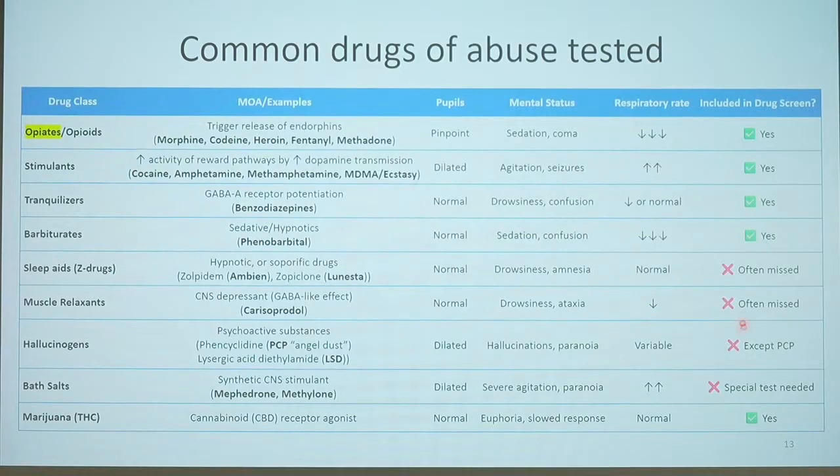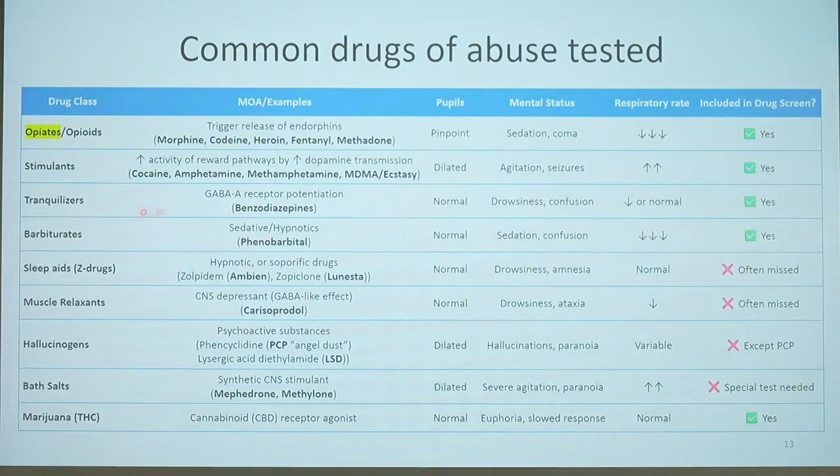Half of these drugs are included on a standard urine drug screen. The remaining are included either on an extended urinary drug screen or a specialized test that laboratories have, since some of them cannot be detected with the standard urinary drug screen.